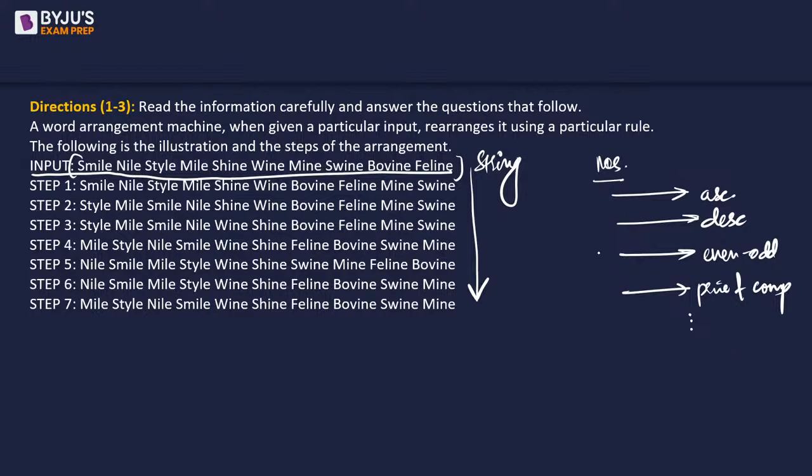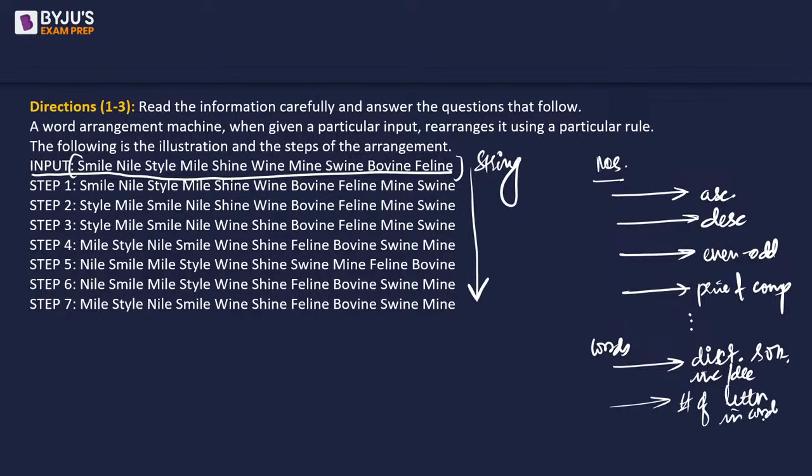When it comes to words, the string can be arranged in dictionary sort, as in alphabetical order, increasing or decreasing. They can be arranged by the number of letters in the word, or in any random, haphazard order. Anything can happen.